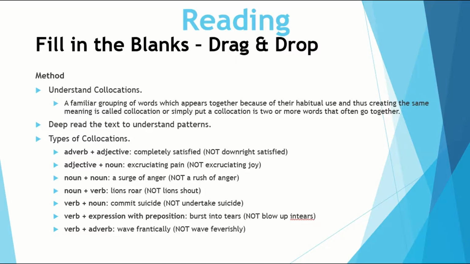Now that I've mentioned the word collocations, let's just understand what it is. Guys, to simply put, it's two or more words that often go together, right? When you describe a flower, you would probably say it's a beautiful flower, or when you talk about music, you would say it's a wonderful song or a wonderful music.